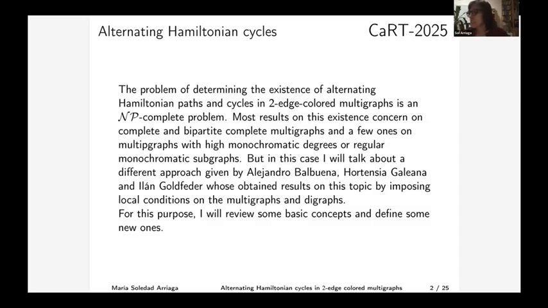But in this case, I will talk about a different approach given by Alejandro Balbuena, Hortensia Galeana, and Ilan Goldfeder, who obtained results on this topic by imposing local conditions on the multigraphs and digraphs. For this purpose, I will review some basic concepts and define some new ones.